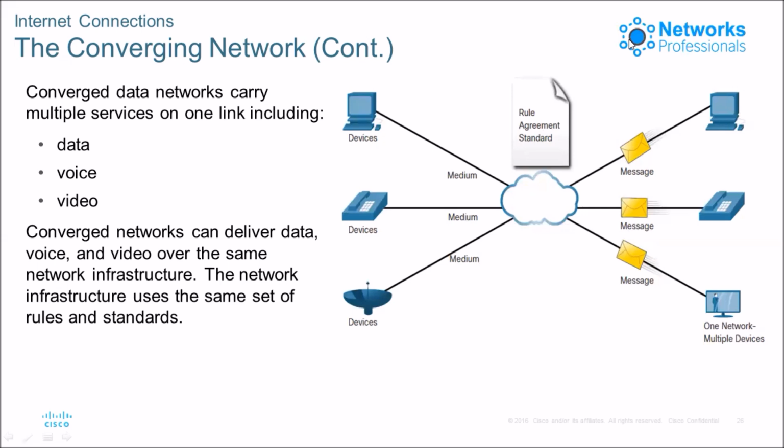But if you are using a single cable or media type to share multiple types of data, like voice, video, and data, this type of network is known as a converged network. The term converged network is also used in a way that if we have multiple devices and they all can communicate with each other, such a network is also referred to as a converged network.